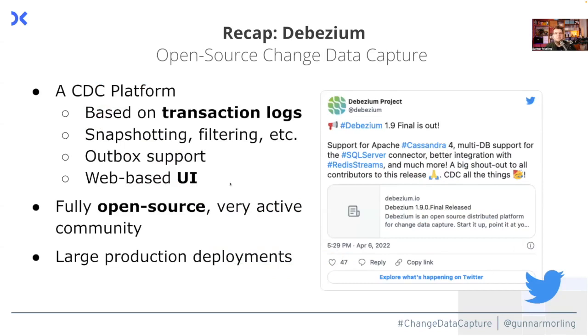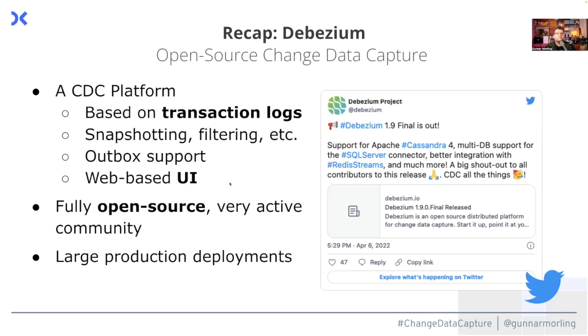Now, just to give a little bit of an overview of what there is in Debezium, well, it's a fully open source project. It's Apache 2 licensed. It's a fully capable CDC platform. So it comes with all kinds of things like initial snapshotting support. There's a UI. There's all kinds of ways for massaging your data, like filtering it out or transforming your data, all this kind of stuff.